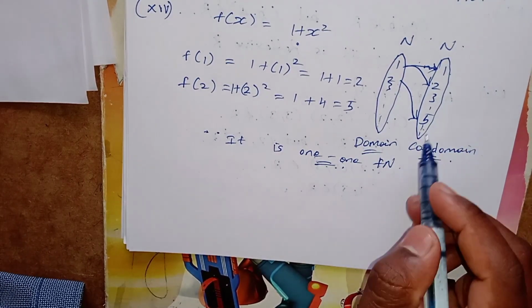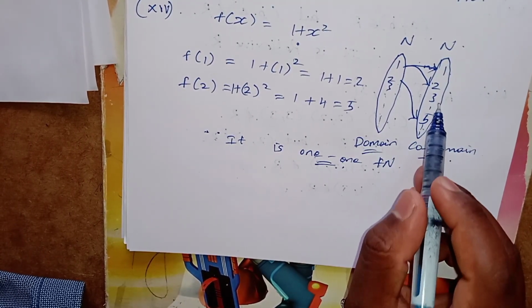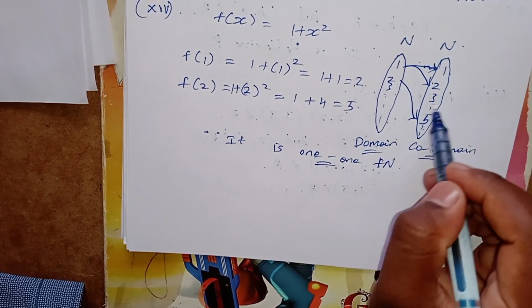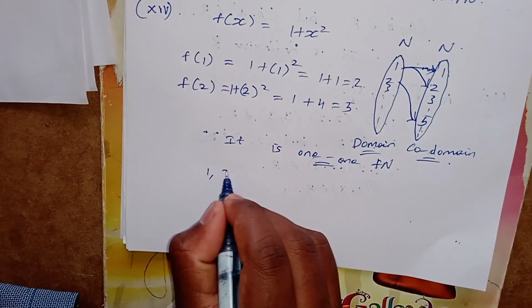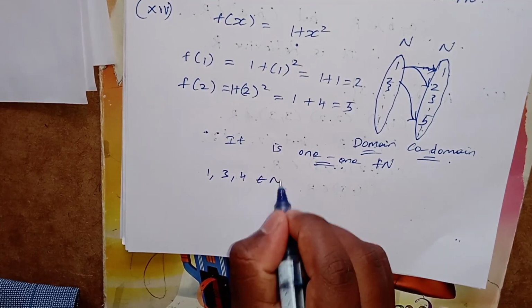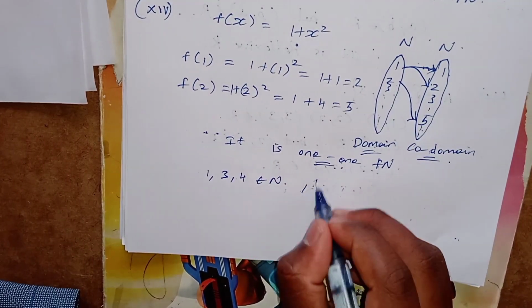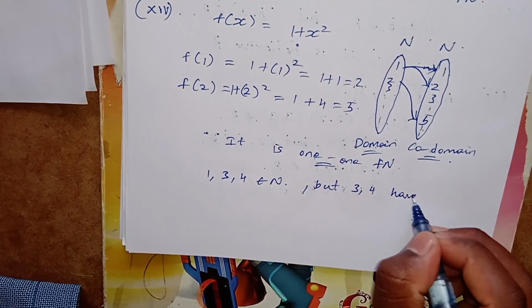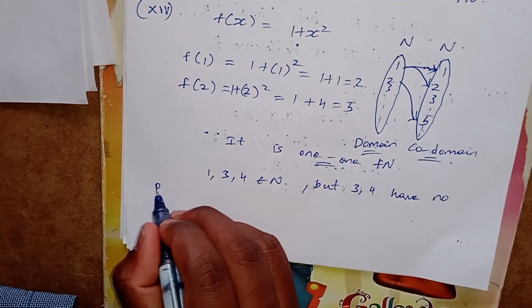Next, for checking whether it is an onto function or not, here you should see the codomain term. In the codomain, every term should have its own pre-image, but here 1, 3, 4 belong to natural numbers, but 3, 4 have no pre-image.